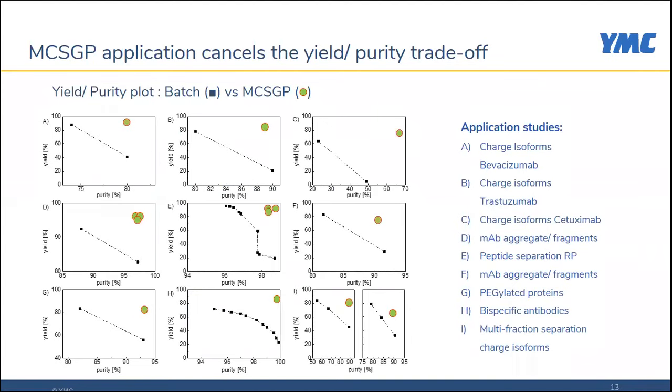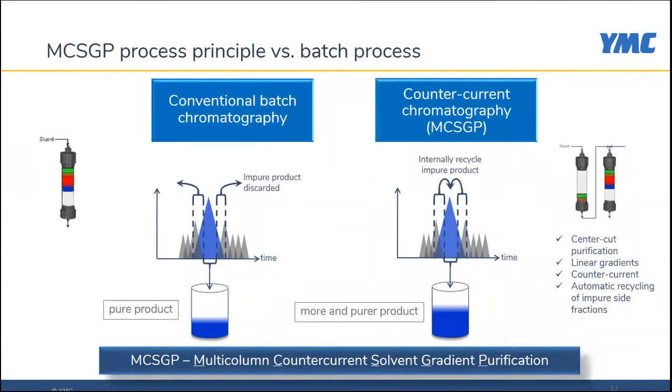The meaning of the acronym MCSGP reflects the capability of the functionality, which means multi-column, running with 2 columns, solvent gradient, purification process. Again, details you can find in related webinars.